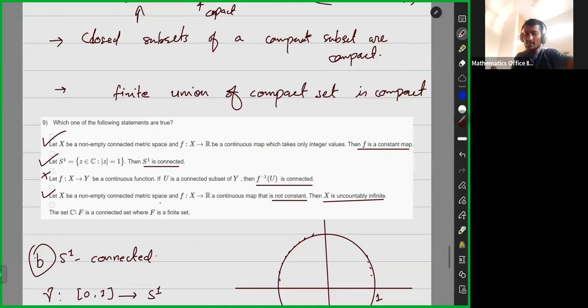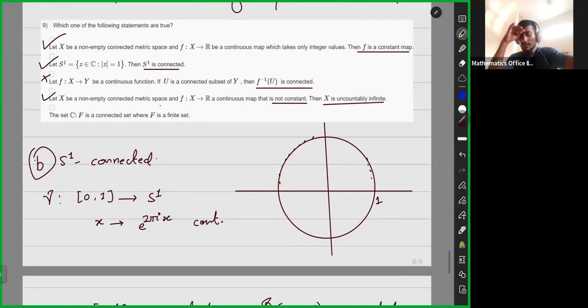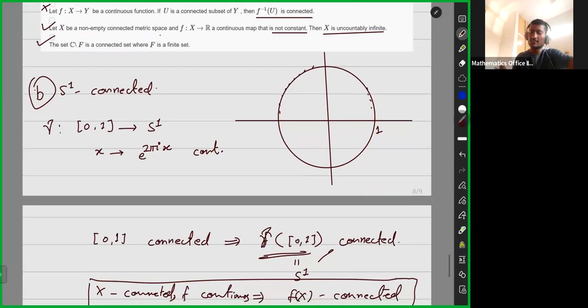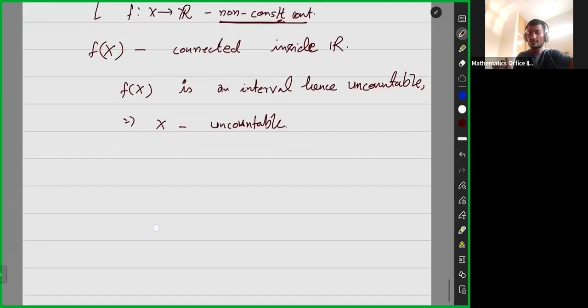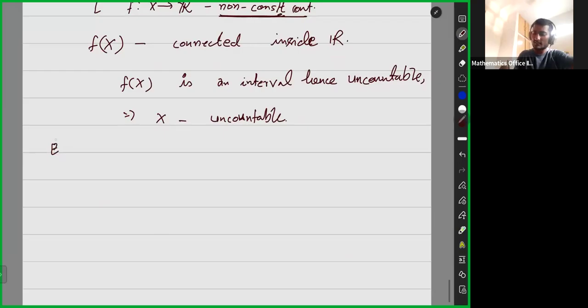Now what about E? This is the last question. The set C minus F, where F is a finite set, is connected. I'm saying this is correct. Right. Sandeep also says it is correct. So Sandeep would like to explain, or I would explain the last one.